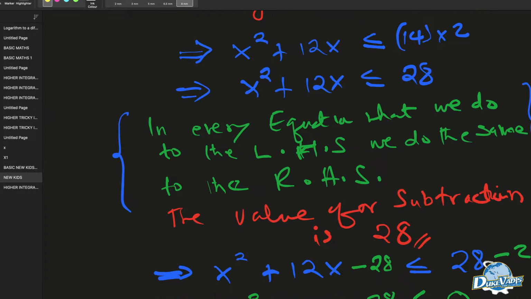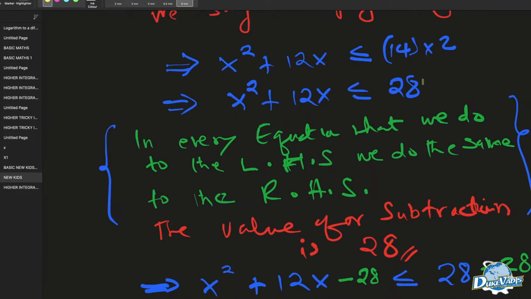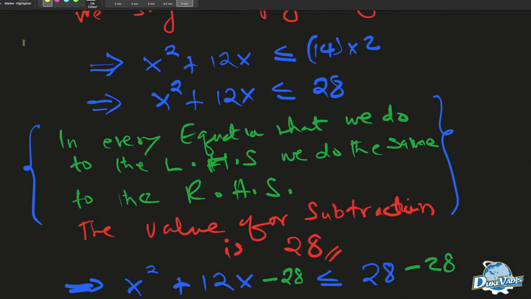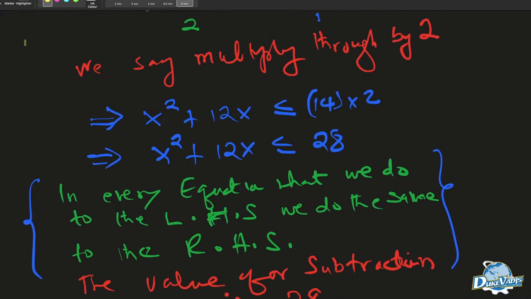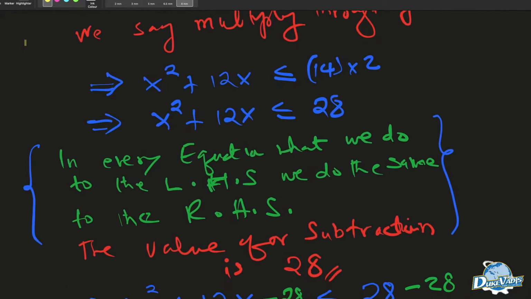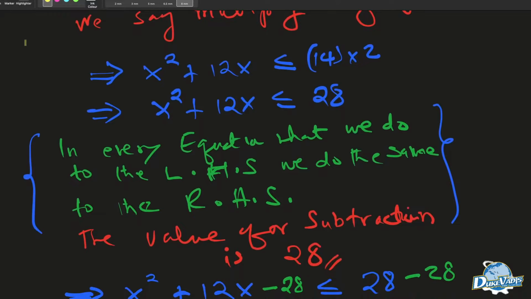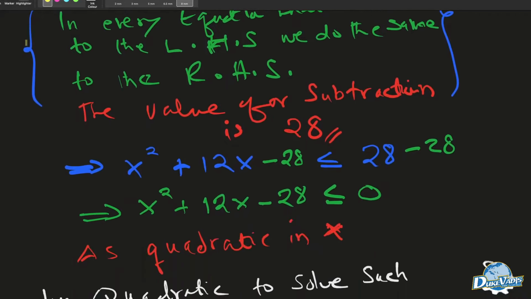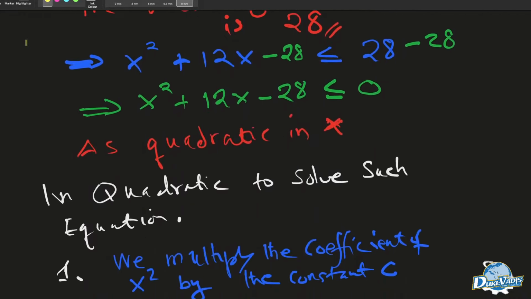So we subtracted 28 from both sides, and by so doing we achieved x squared plus 12x minus 28 less than or equal to 0.